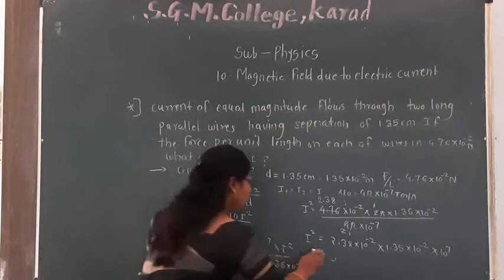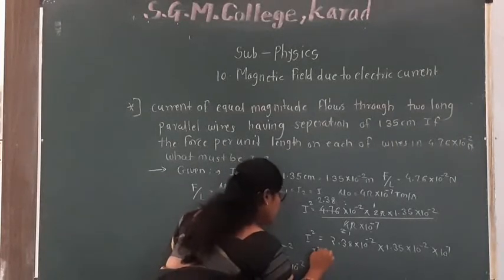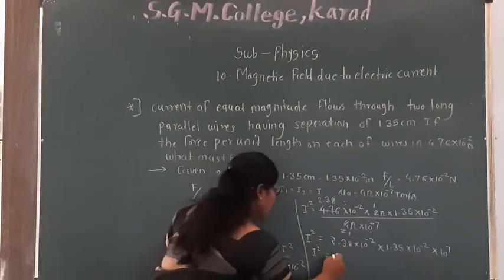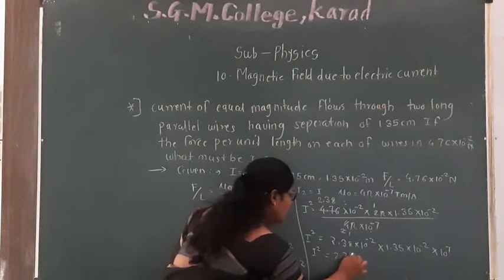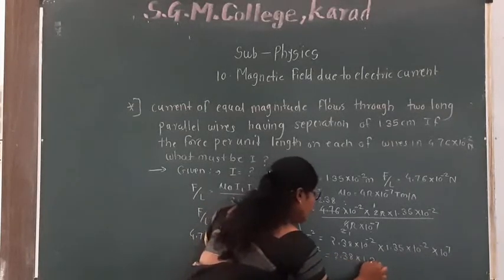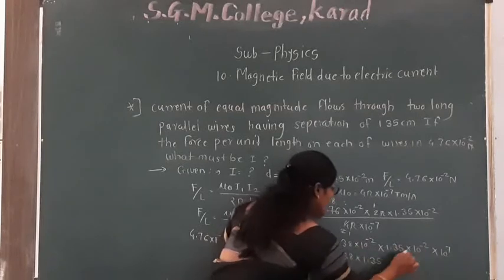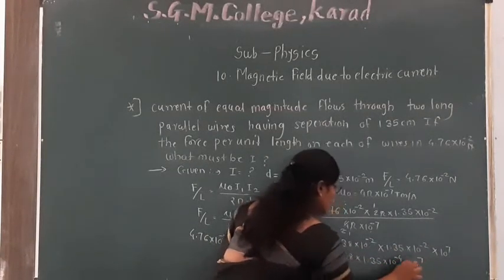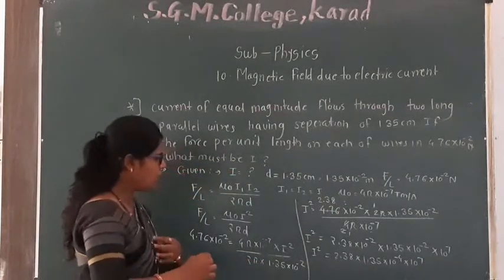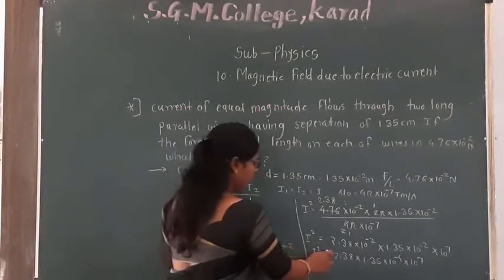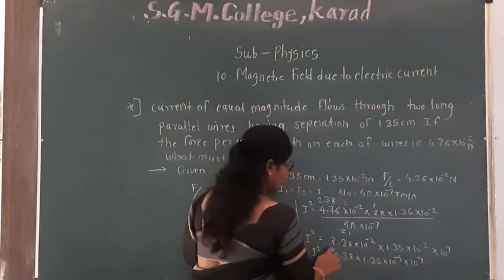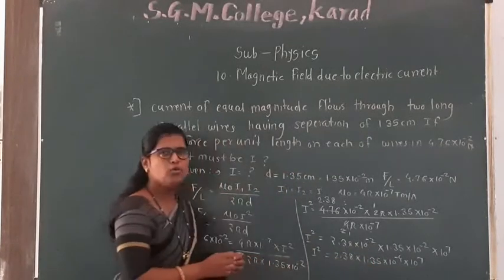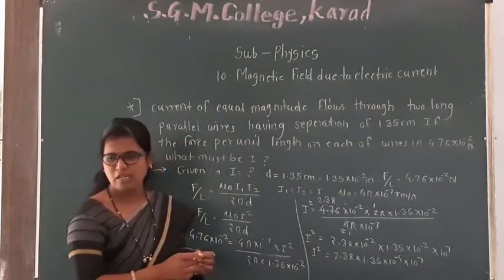Therefore I square is equal to 2.38 into 1.35 into 10 raised to minus 2 minus 4 plus 7. Now by using the log table we can calculate the value of 2.38 into 1.35.